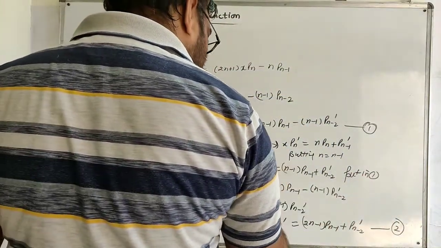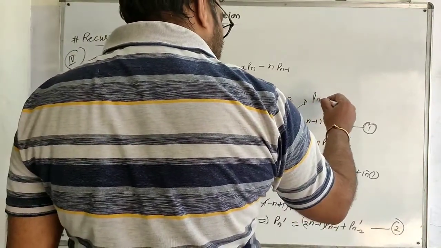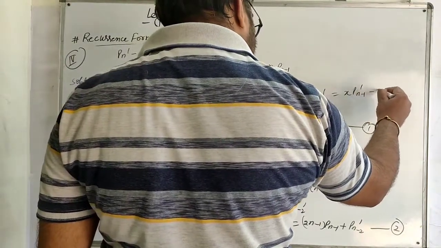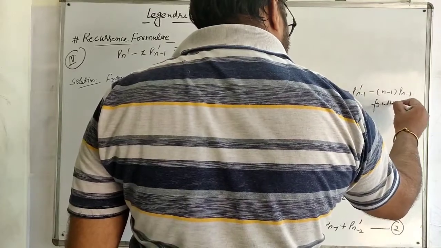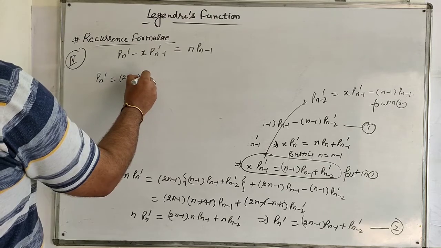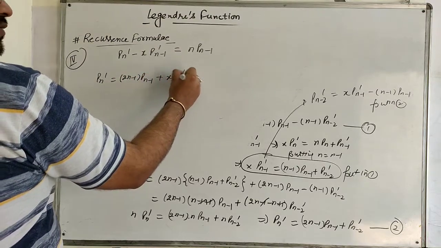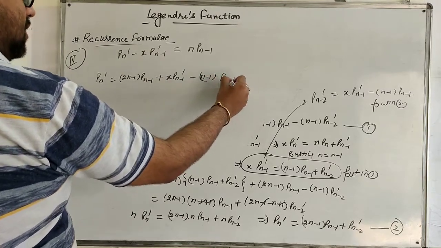Now again from this particular equation, if we find the value of Pn-2', which is equal to x Pn-1' minus (n minus 1) Pn-1 and put in 2, Pn' is equal to (2n minus 1) Pn-1 plus x Pn-1' minus (n minus 1) Pn-1.